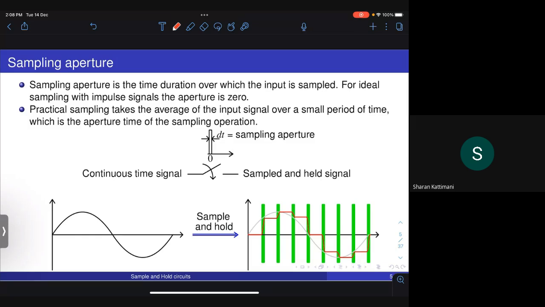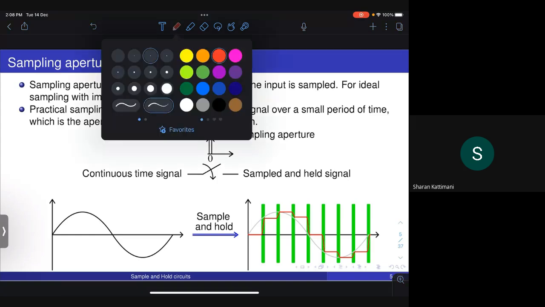In this case, it's a one-dimensional entity. The time duration over which the switch looks at the input signal is known as the aperture. Practical sampling basically takes the average of the signal over that small period of time for which the switch is opened.